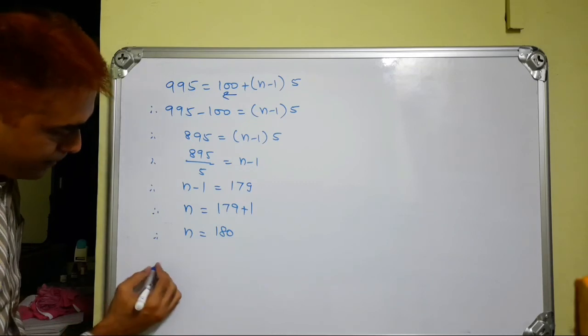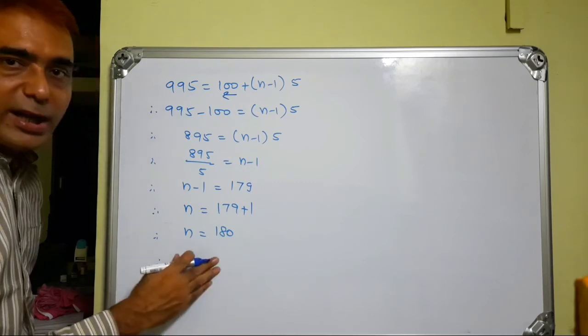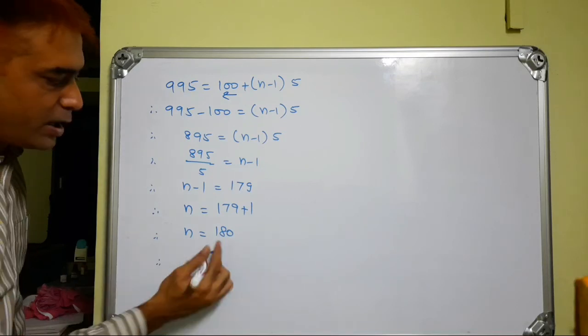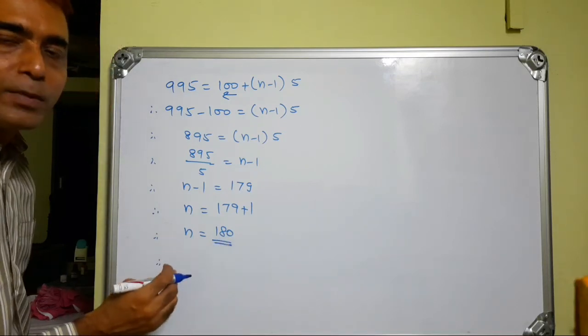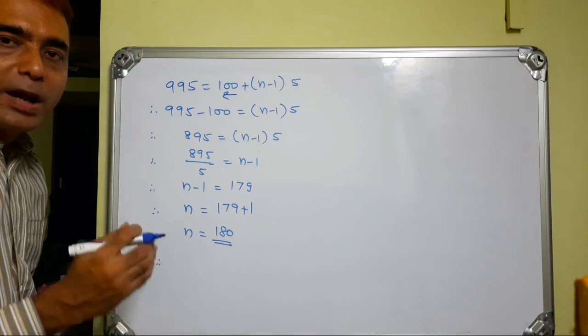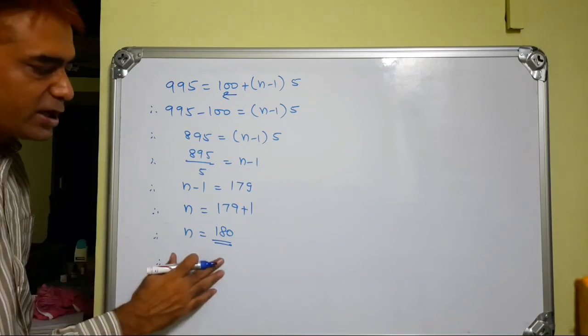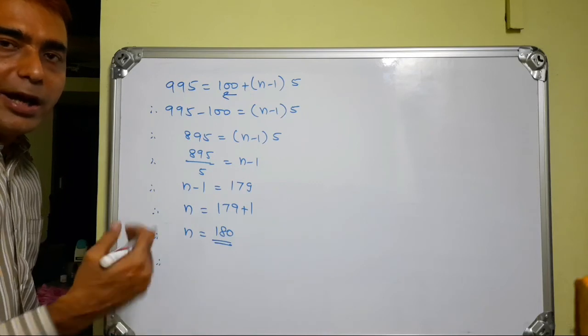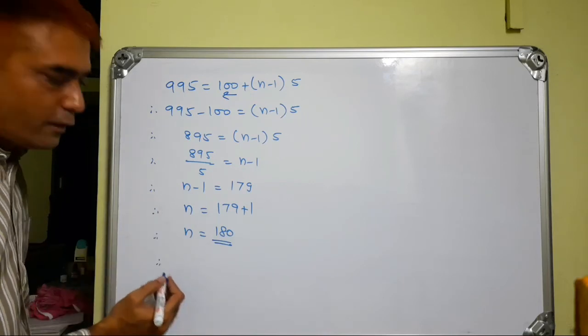So how many terms? n means the number of terms. So there are 180 terms, 3-digit natural numbers which are divisible by 5, where the smallest 3-digit number is 100 and the greatest is 995.